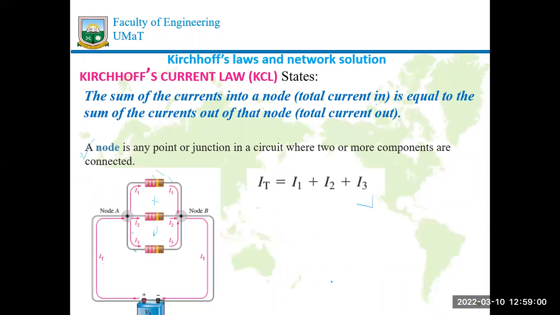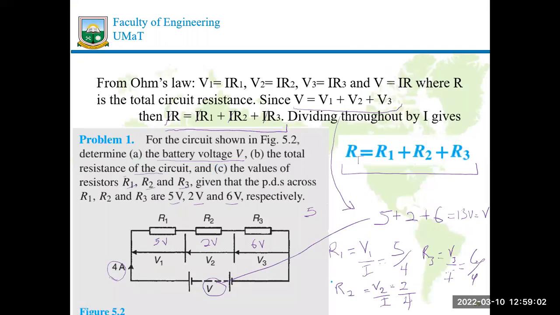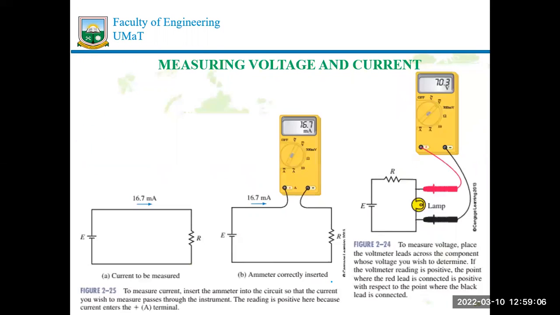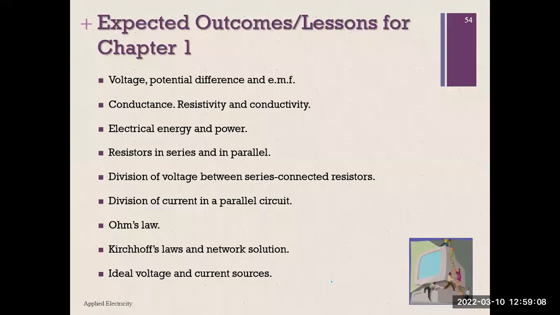So at the end of the day, this is what we've done. We've gone through all the necessary topics that we had as the targets. Ohm's law, Kirchhoff's law. I've already done ideal voltage and current sources with you. We've looked at the current divider rule, which is the division of current in parallel circuits.